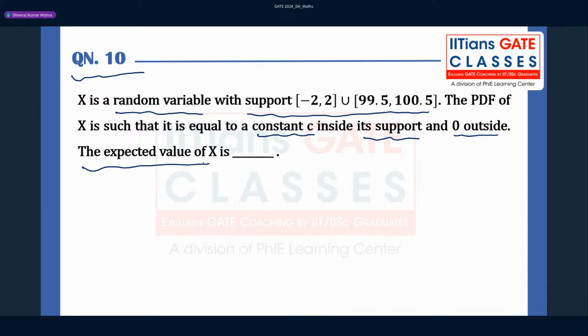You know that the mean does not depend on the height of the PDF. Suppose you take any uniformly distributed PDF, where this is a and this is b, so this height must be 1 by (b minus a). If someone asks you what the mean of this is, the mean is going to be (a plus b) by 2.